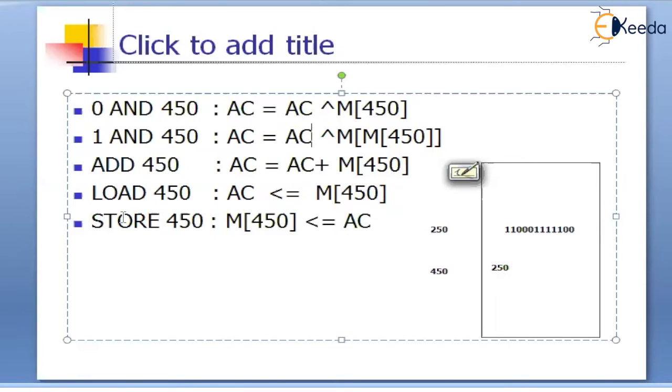The load instruction makes a transfer from the memory of 450 to the accumulator, right? STORE 450: the contents of accumulator will get transferred to memory of 450. We discussed the difference between load and store several times in previous sessions. Load makes a transfer from the memory location to accumulator. Store is from accumulator to memory location.